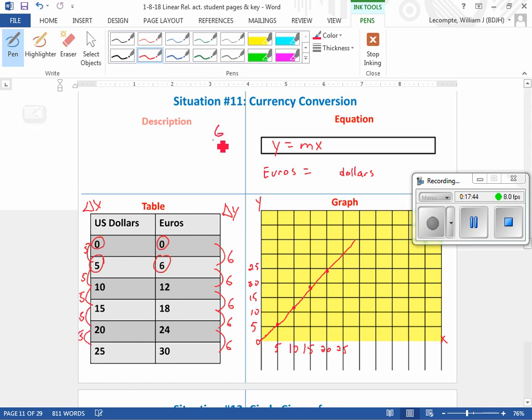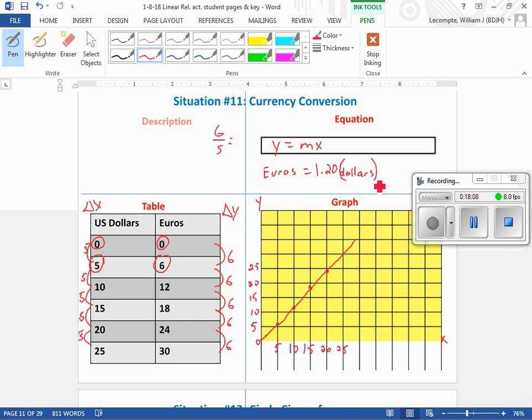So we're taking 1.20 and multiplying it by the US dollar. So if I have $5 of US money, I'm going to multiply that and get 6 euros.